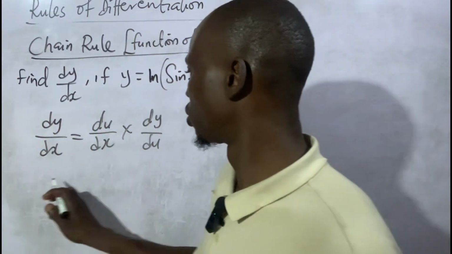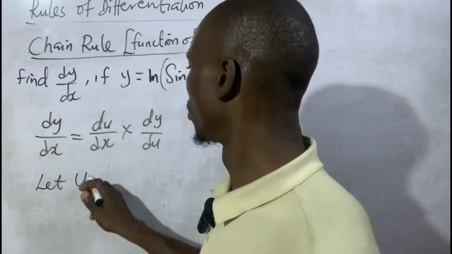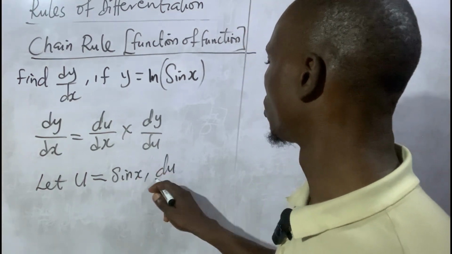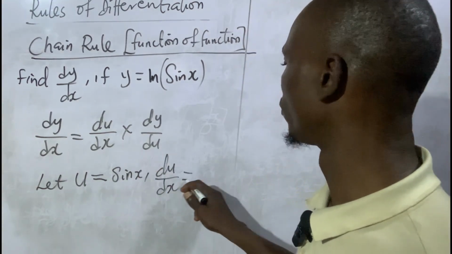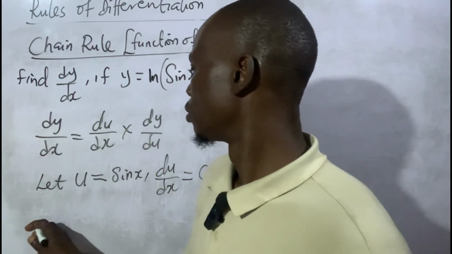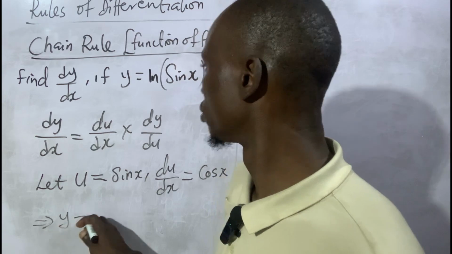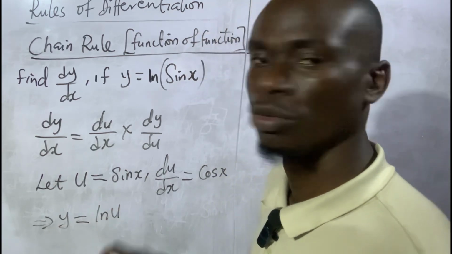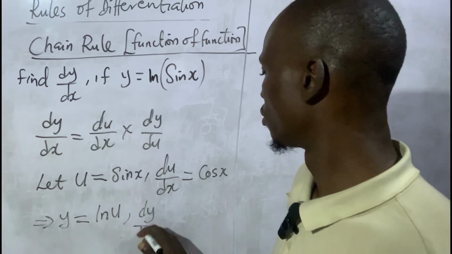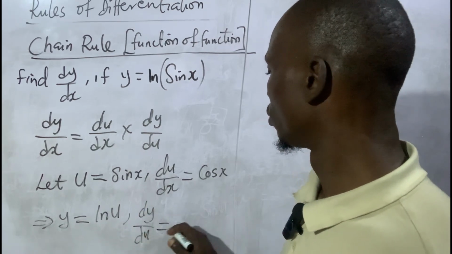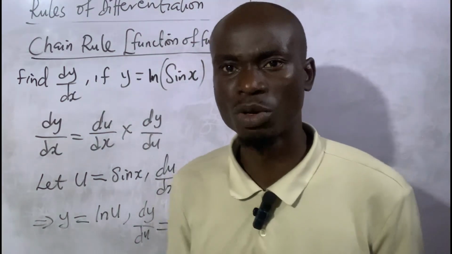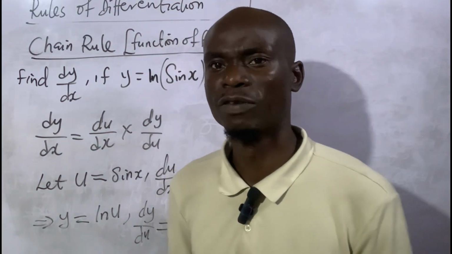Now, what is our chain? Our chain is sine x. When you differentiate the chain, du dx, what do you have? Cos x. This implies that y is what now? Ln u. When you differentiate ln, dy du is 1 over u. Remember, when you differentiate ln x, it is 1 over x, so ln u will be 1 over u.